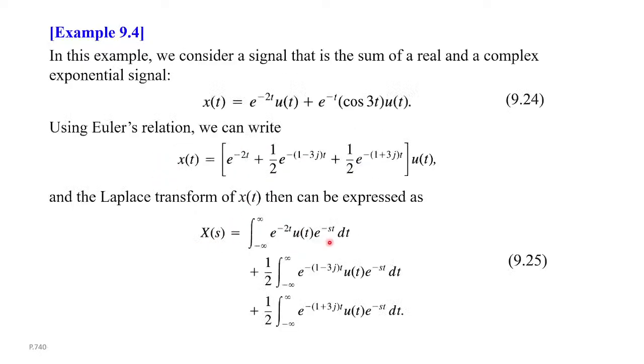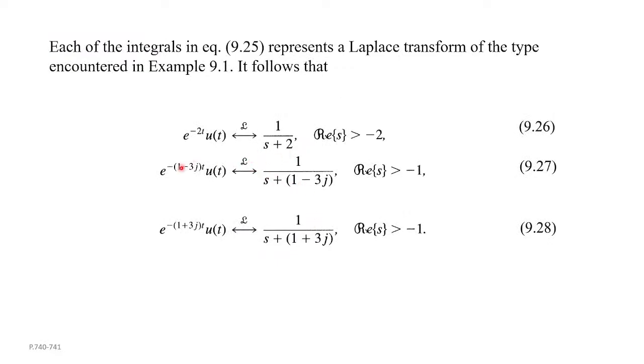You think about it, and it should also work for a complex a, and you get a Laplace transform like this. So here you get s plus a. So a equal to 2 gives s plus 2, and a equal to 1 minus 3j gives s plus 1 minus 3j, and so on, 1 plus 3j and 1 plus 3j.